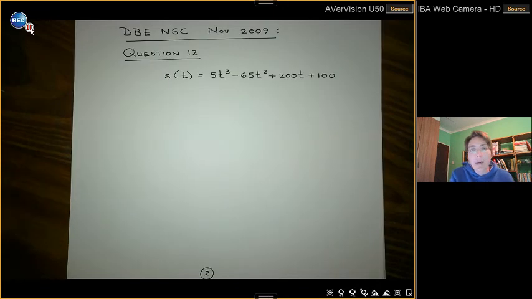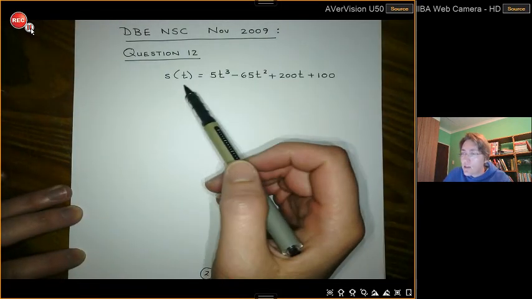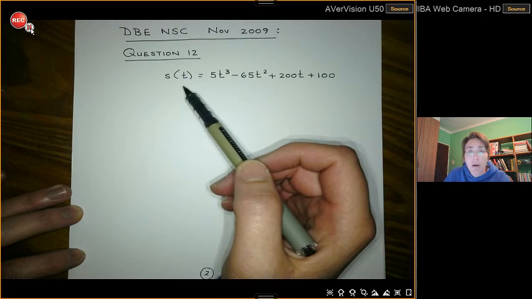Right, welcome back. This is the next question in the worksheet, question 12, which is from the Department of Basic Education, National Senior Certificate, November 2009. Now in this particular question, they give you the following formula, and they say a tourist travels in a car over a mountainous pass during this trip.